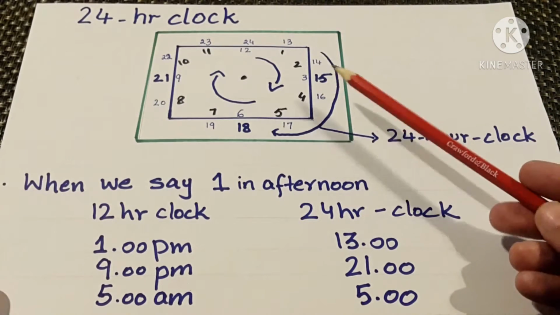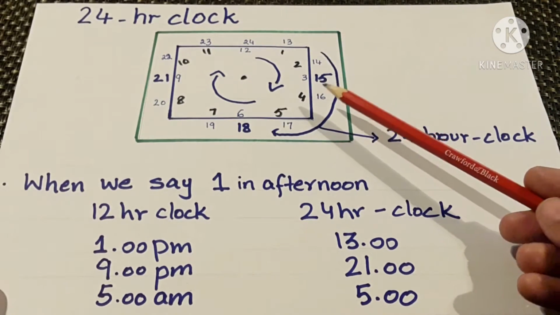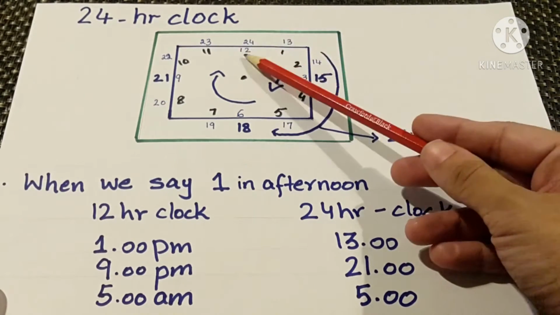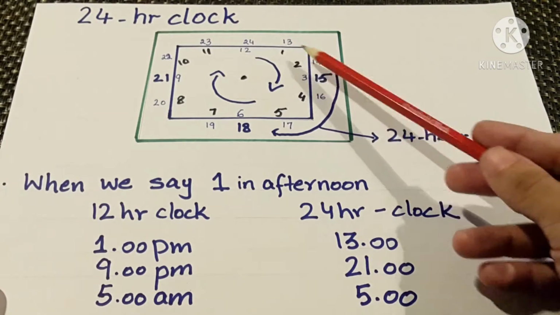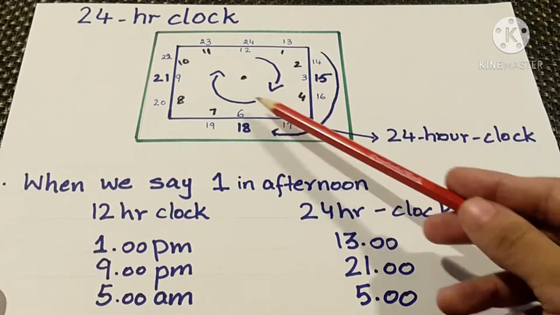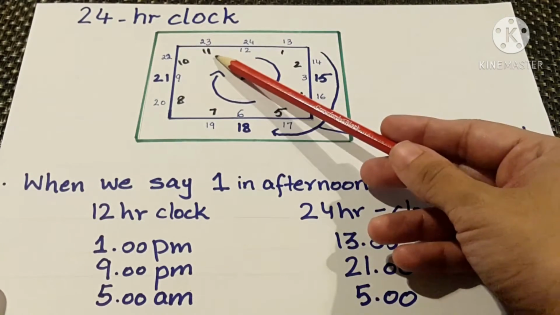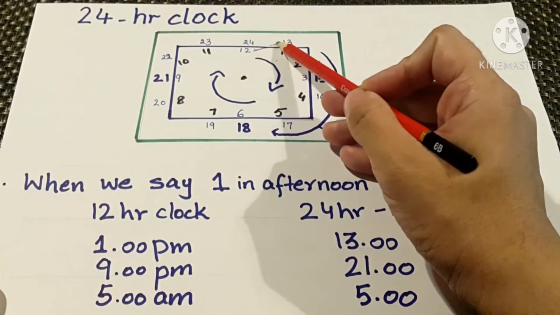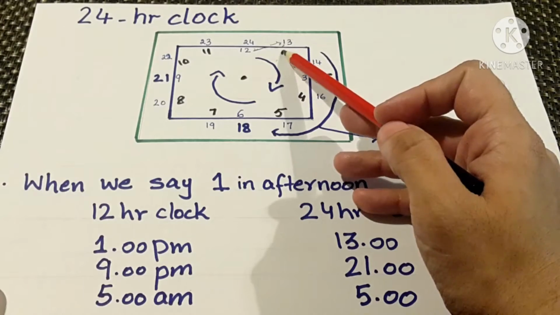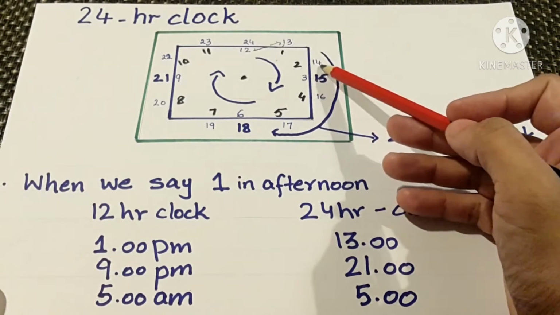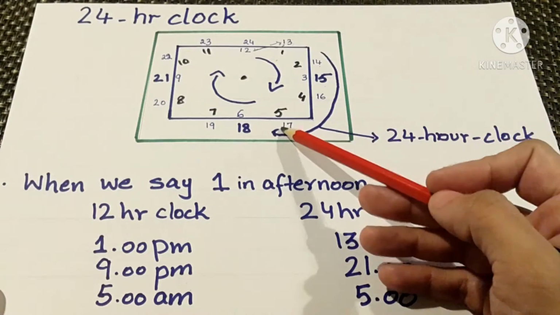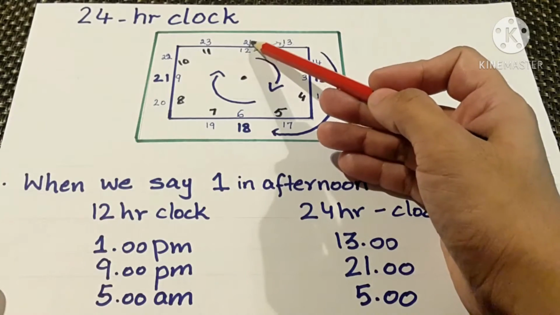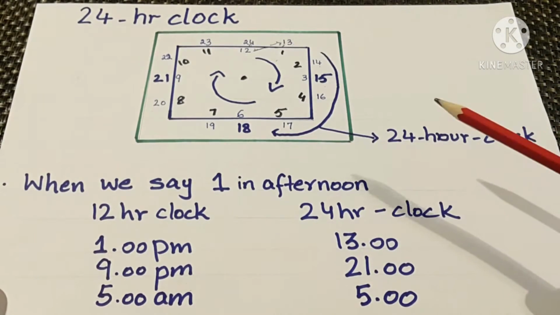This clock is telling us 24 hours, like from 12 midnight the time begins, 1, 2 o'clock, 3, 4, 5, 6, 7, 8, 9, 10, 11 o'clock, then 12 o'clock, then 1 at noon is 13, 2 at noon is 14, 15, 16, 17, 18, 19, 20, 21, 22, 23 and 24. This means that this is a 24-hour clock.